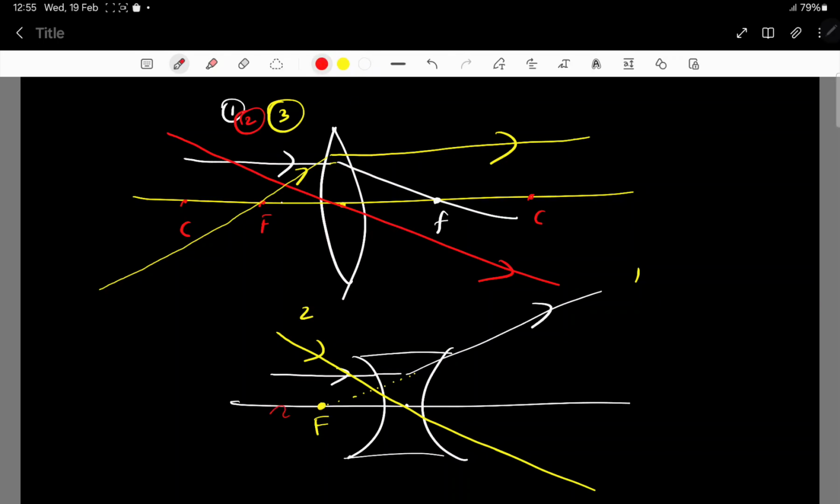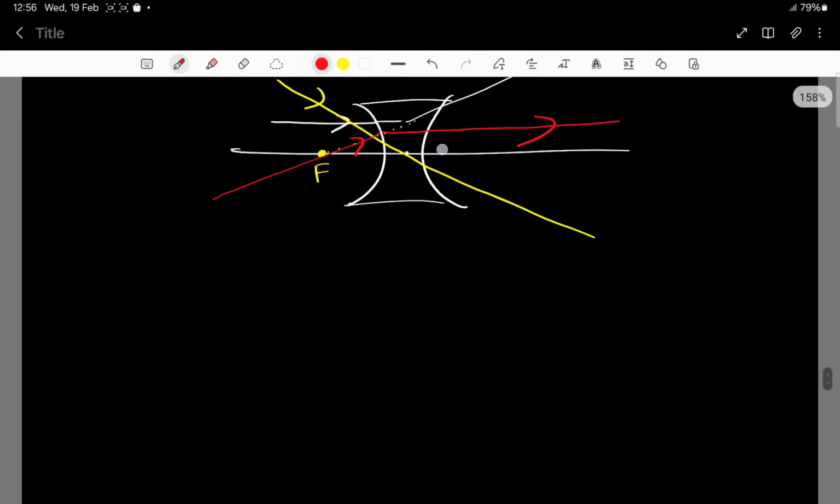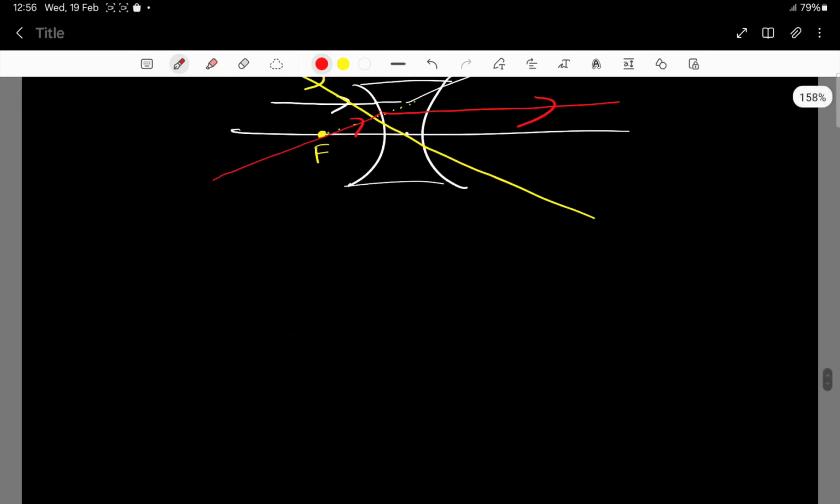So if any light ray is directed towards the focal point, after getting refracted, it will become parallel to the principal axis. So these are the rules we have. With this handful of rules, we are able to get the image formation for the various cases very easily.